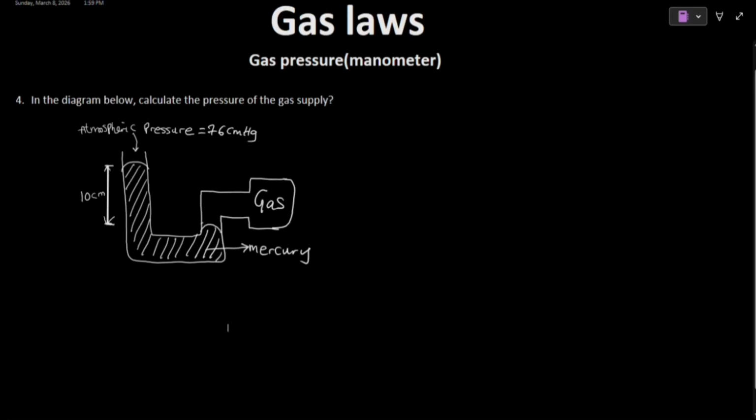So question number 4 is actually the same thing as the previous example. So you can pause this and try solving this. Having said that, the atmospheric pressure is still 76 cm of mercury.